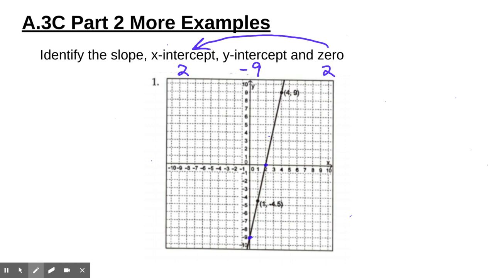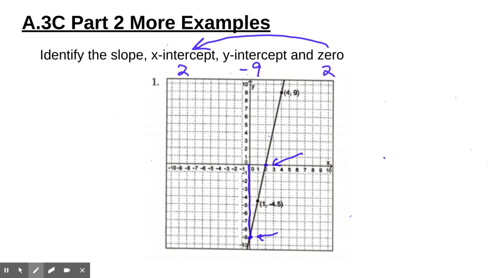And now that we have this point and this point, I'm going to use these 2 points. I'm going to do rise over run and find the slope. We're going to go up 1, 2, 3, 4, 5, 6, 7, 8, 9.